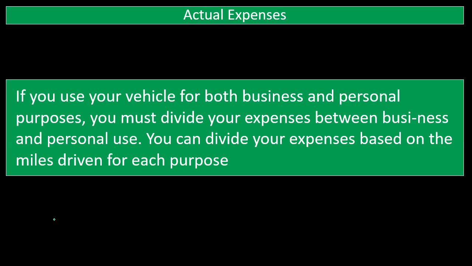You can divide your expenses based on the miles driven for each purpose. So if you have a car that you're using for business and personal, then no matter what method you're going to use, you've got to split it up in some way, so that you're taking the expense only related to the business portion of the use of the auto.